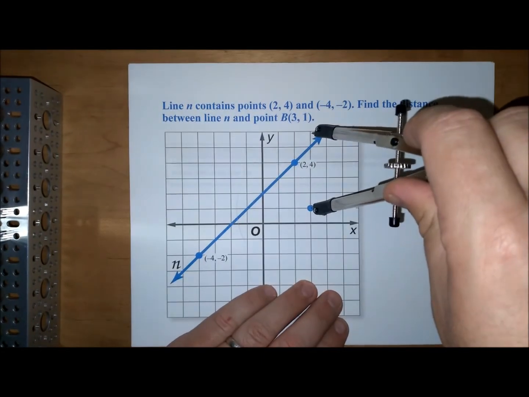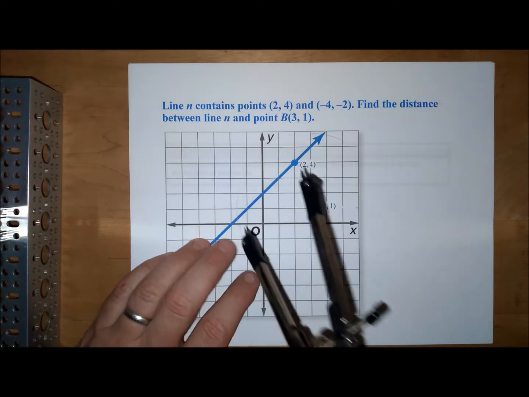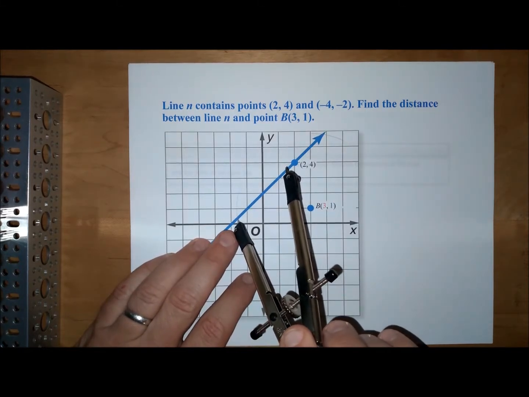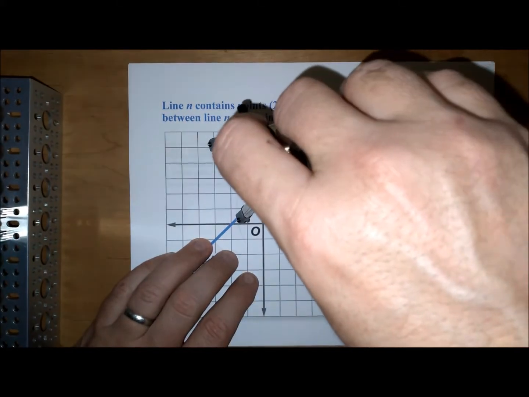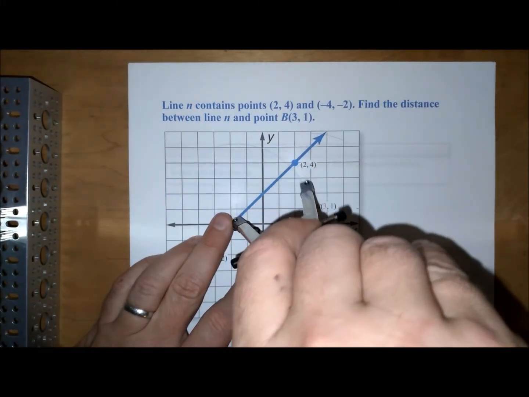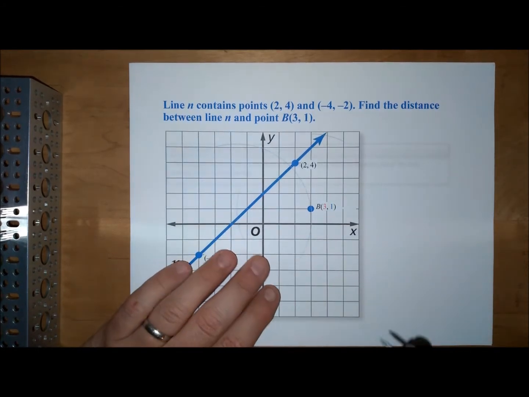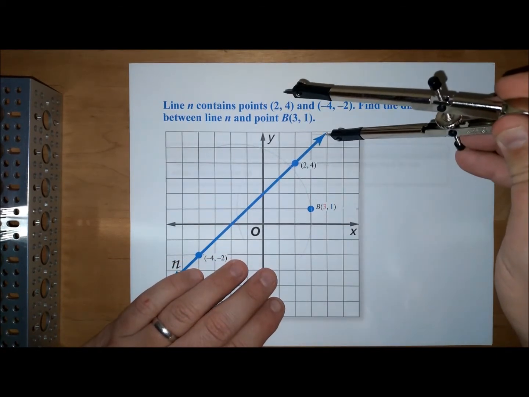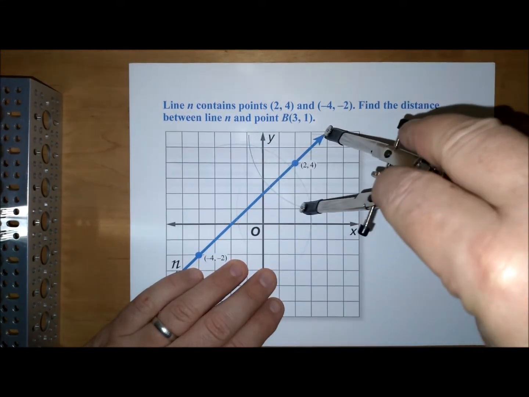I'm just going to swing an arc across line N from point B. And now for these next two arcs, I'll hold the same compass setting, whatever you choose. Since I didn't change it, that's good. We expect it to pass through point B. And there.